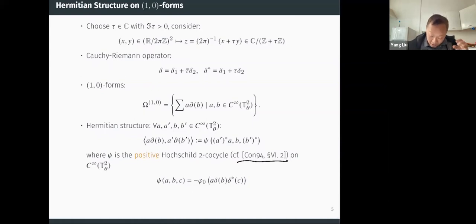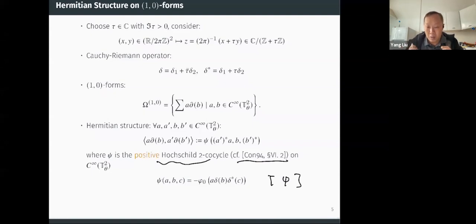These two structures are linked by such a Hochschild cocycle. So it considers the class of this Hochschild cocycle. It's sort of a vector space, right?